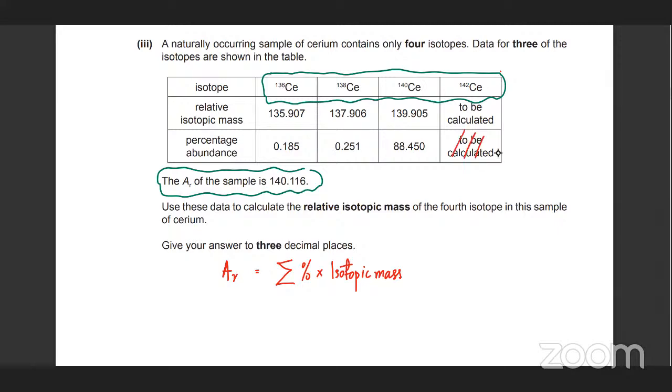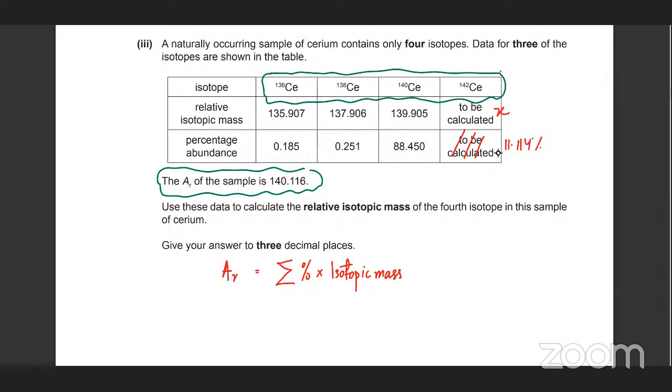What's the value that you're getting over here? 100 minus 88 point. Can somebody do this on the calculator quickly? 11.114. So you're getting 11.114.